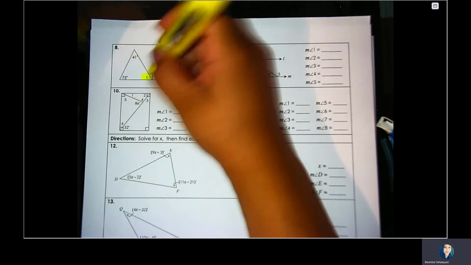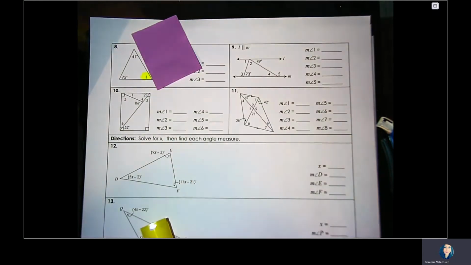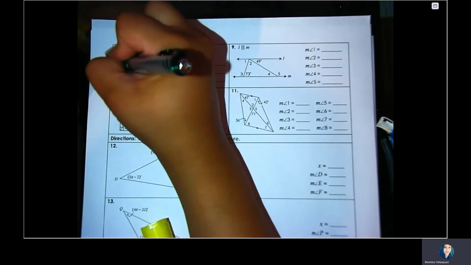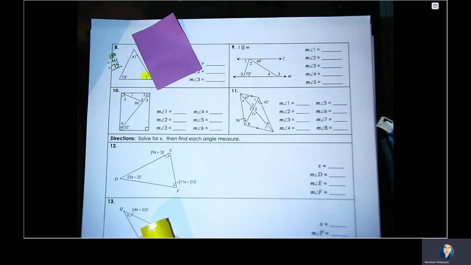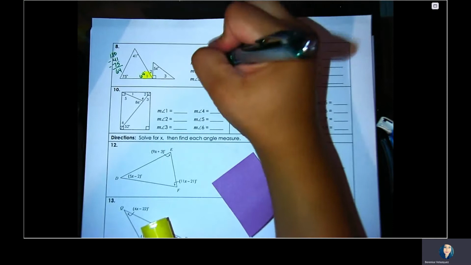You can kind of ignore the other one, but if you need to, cover it up and only look at the triangle that you're using. So that one there, hopefully you can tell that the math is going to be 180 minus 41 minus 75. Pretty simple to figure out what to subtract for angle 1. So not bad. Angle 1 is going to be 64. Okay, that was angle 1.